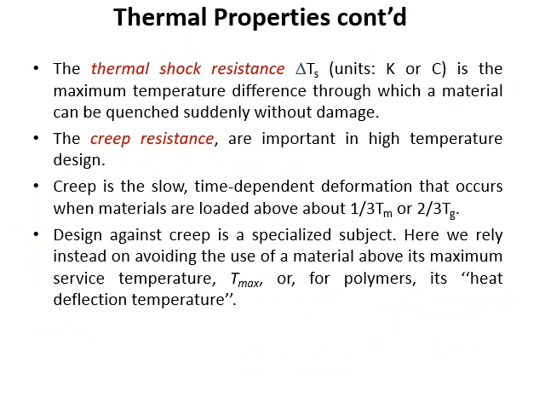Another thermal property that you can consider is the thermal shock resistance, delta Ts, in unit Kelvin or Celsius. This is the maximum temperature difference through which a material can be quenched suddenly without damage.